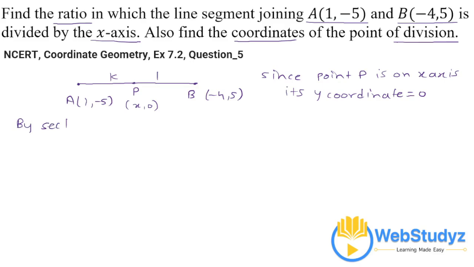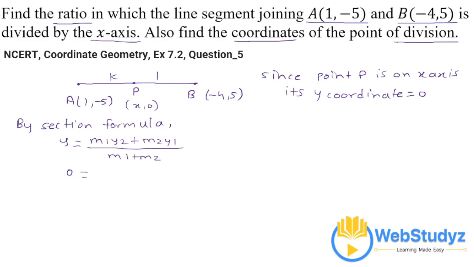By the section formula, we can find the x and y coordinates of point P. Let us first calculate the y coordinate. y will be equal to (m1 y2 plus m2 y1) divided by (m1 plus m2), where m1 and m2 is the ratio in which point P divides the line segment, and y1 and y2 are the y coordinates of points A and B. The y coordinate of point P is 0.